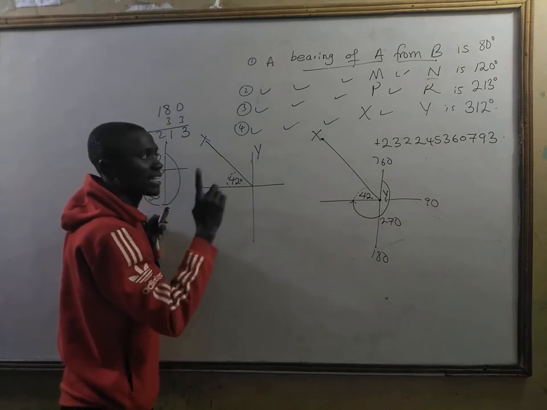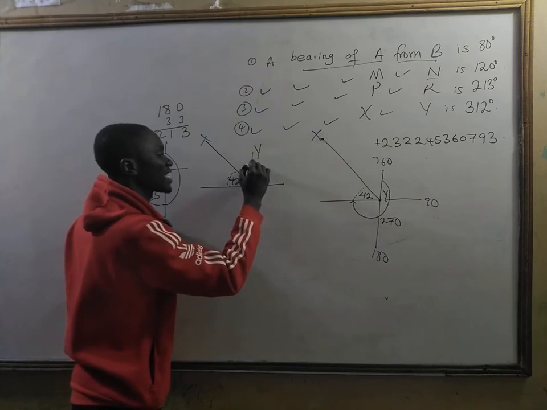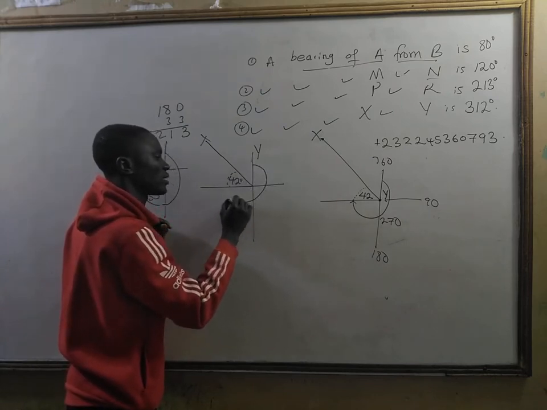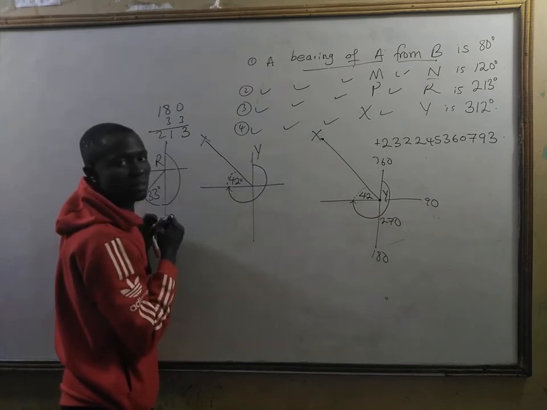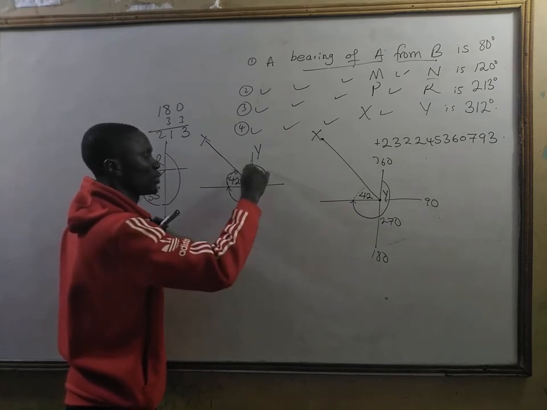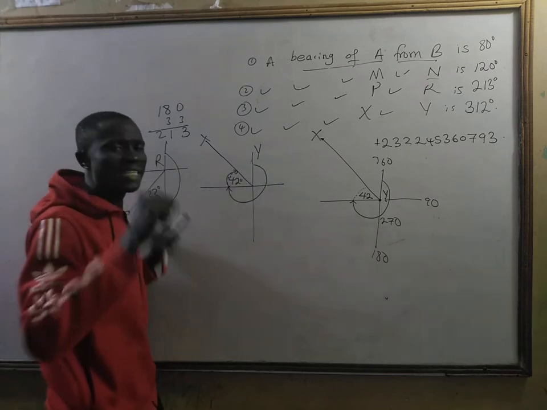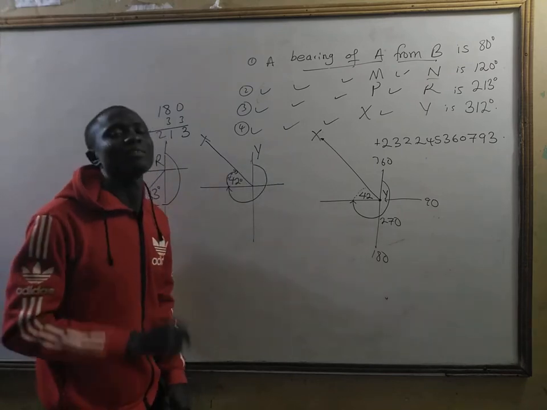And remember that I said that for the 3-figure bearing, we measure the angle from the geographical north to the line. So we measure from the geographic north. Always measure it from the north in the clockwise direction.